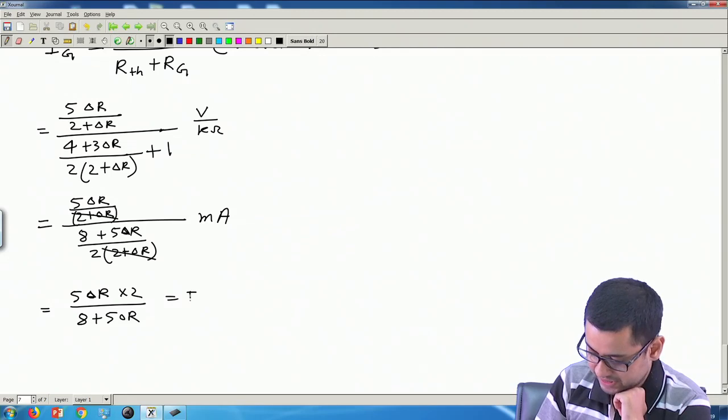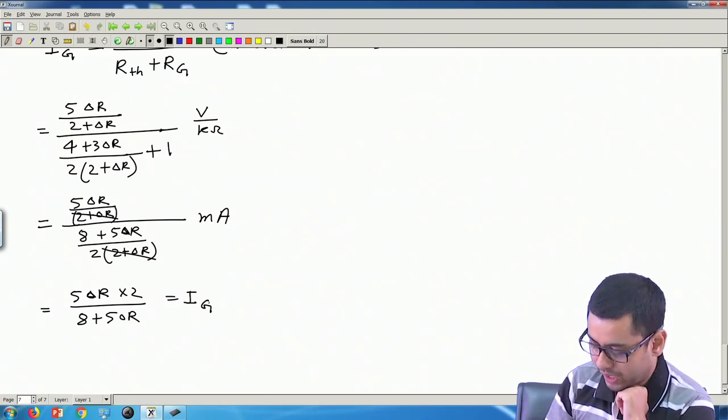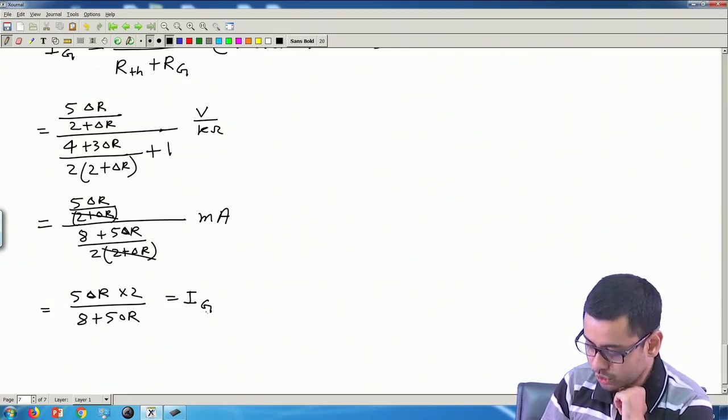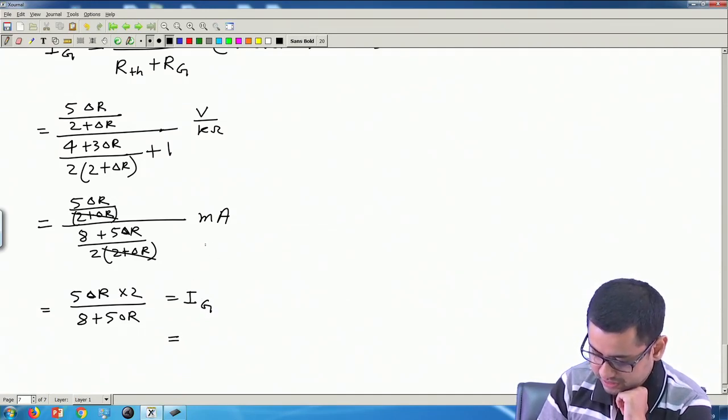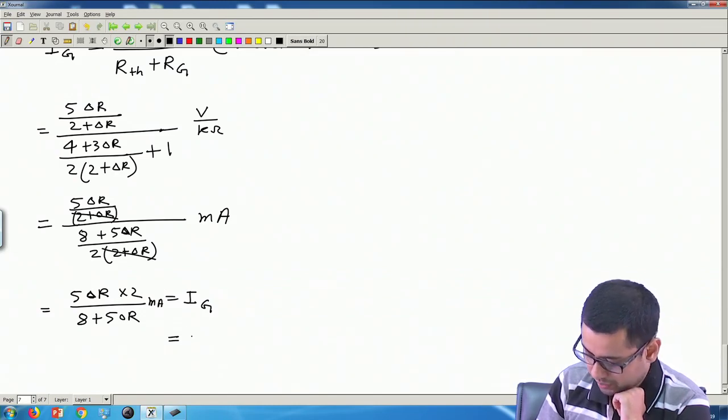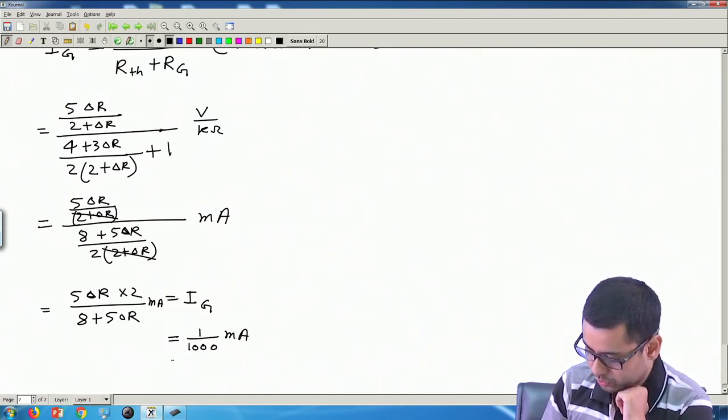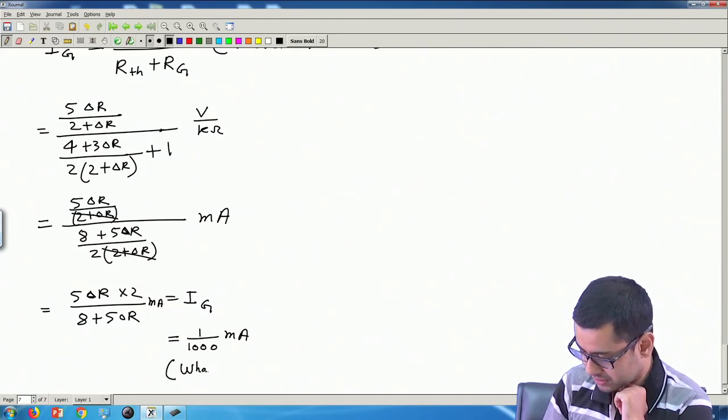This is equal to Ig, and we want Ig to be equal to 1 microampere. This is in milliampere, so 1 microampere means 1 by 1000 milliampere.